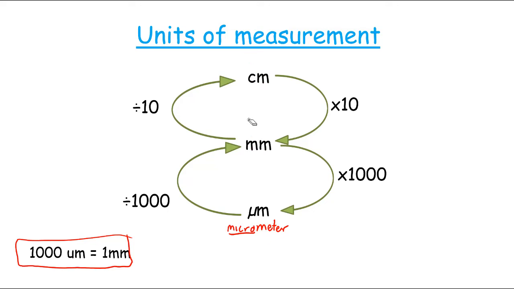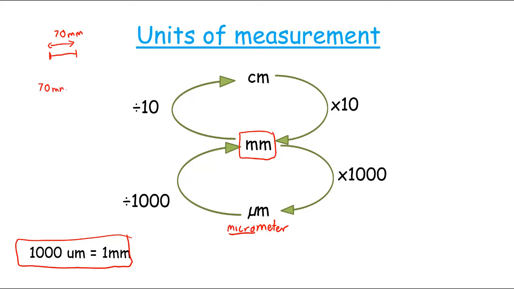This little image just shows you how you would go about converting units. So as part of questions, it's pretty standard that you would have to measure something using a ruler. You might measure it in millimeters and then have to convert it to micrometers. So if you have to do that, you take your value in millimeters and multiply it by 1000. So let's say I measure a little scale bar underneath the photograph, and I work out that it's 70 millimeters.